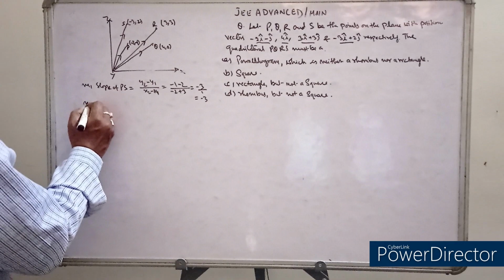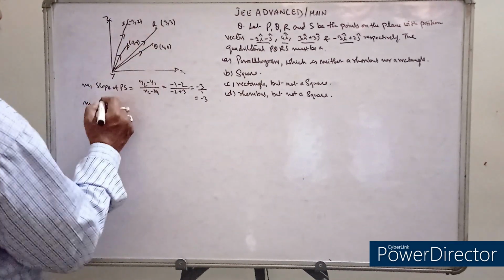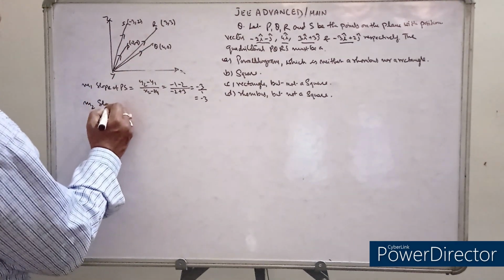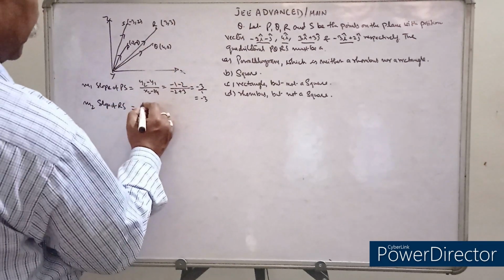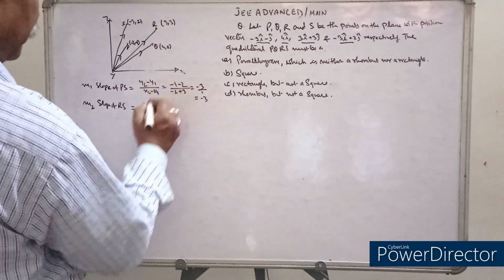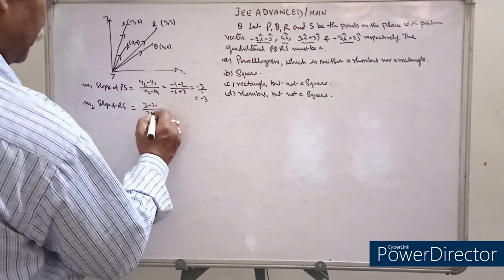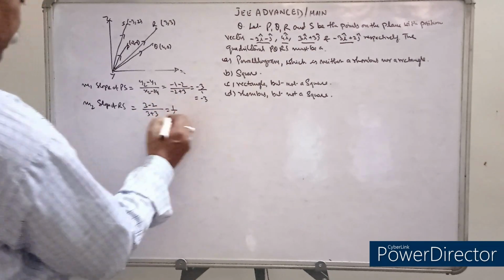Again m2, that is the slope of RS, that is 3 minus 2 over 3 minus minus 3, 1 by 6.